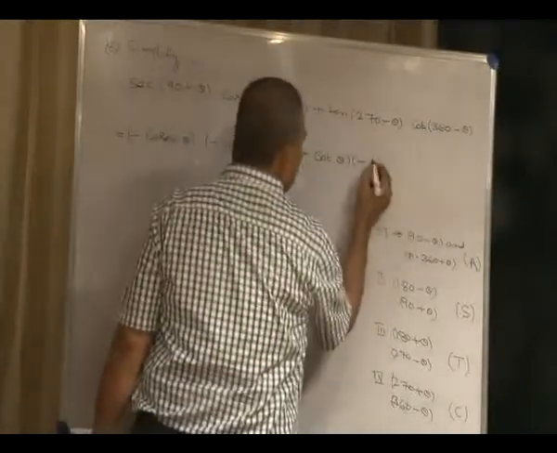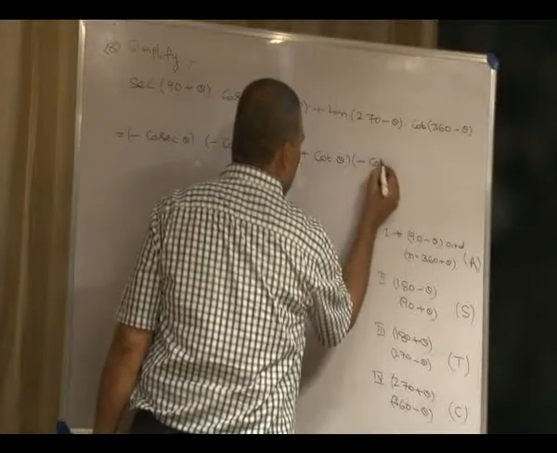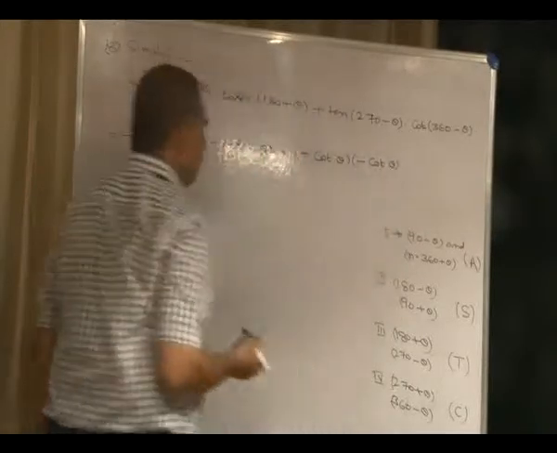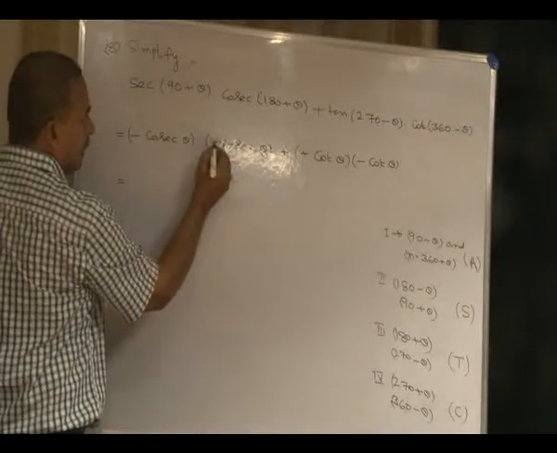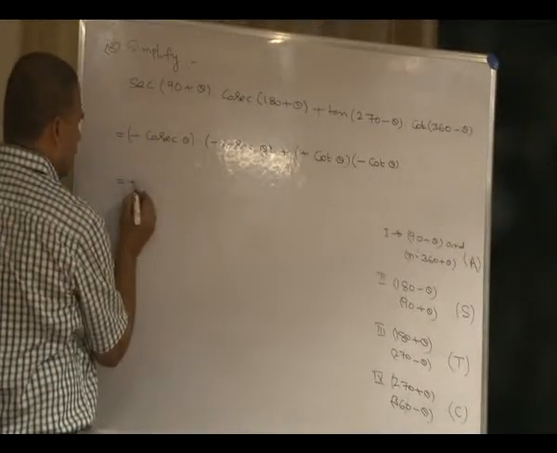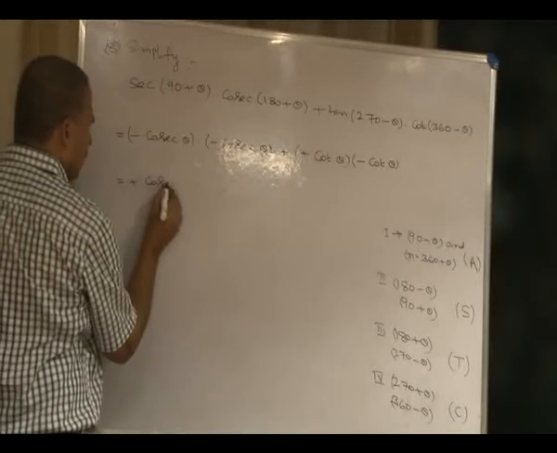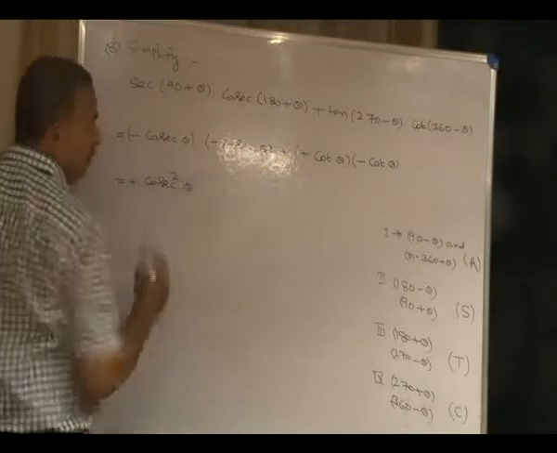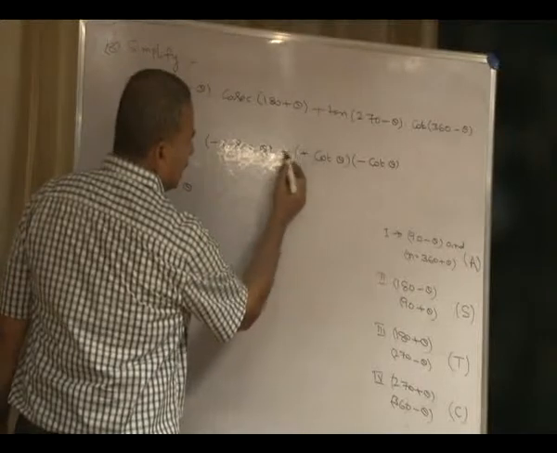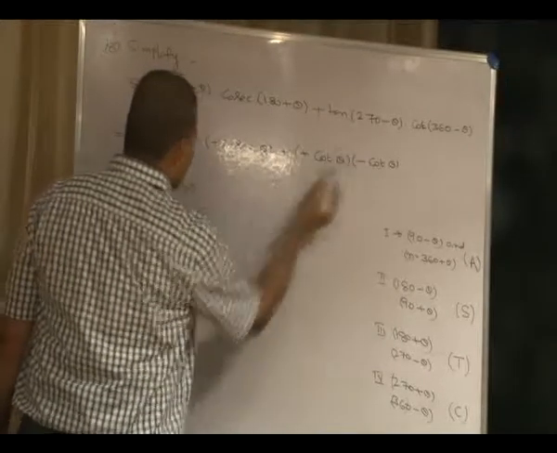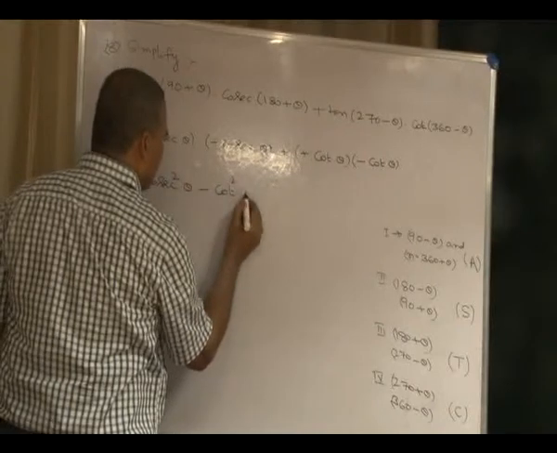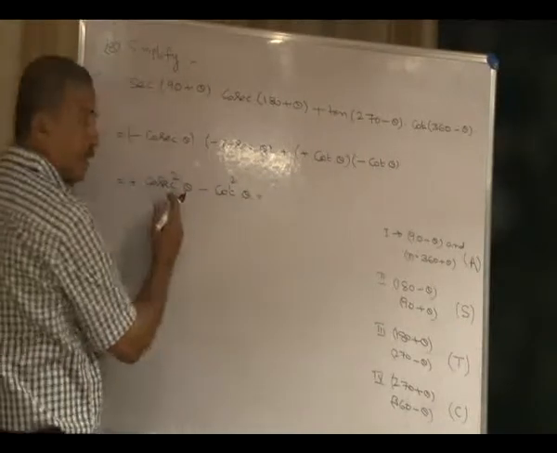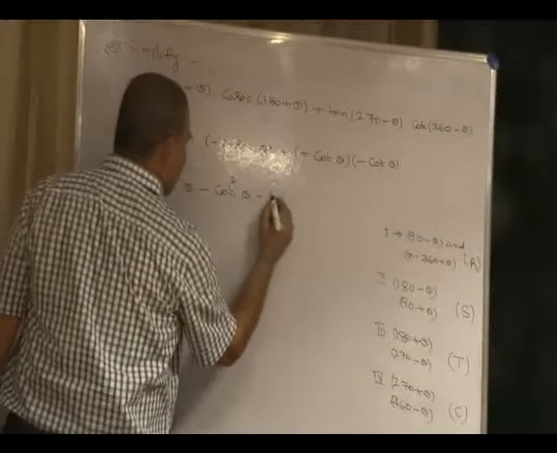In 360 minus theta the same function, that is minus cot theta. That is equal to minus cosecant theta into minus cosecant theta is plus cosecant square theta. Next, plus into minus is minus, cot theta into cot theta is cot square theta. Cosecant square minus cot square is 1.